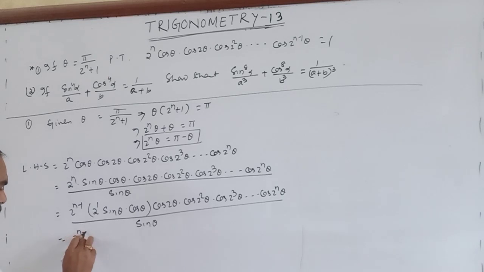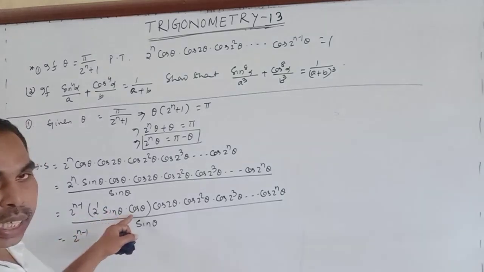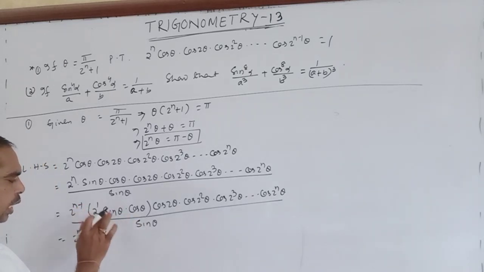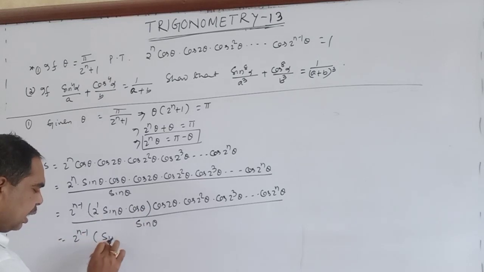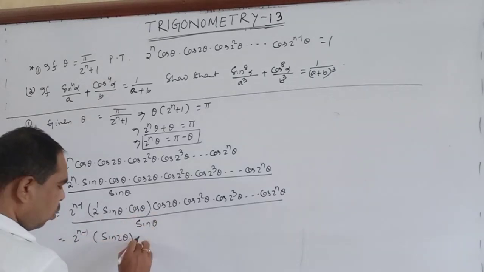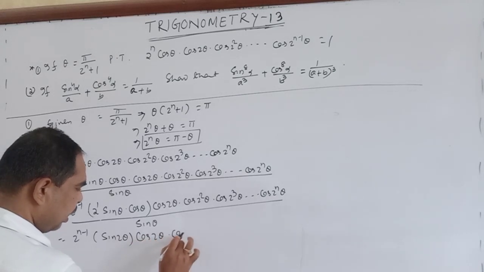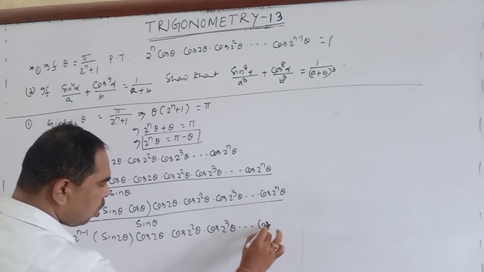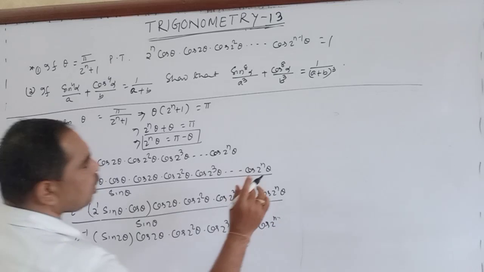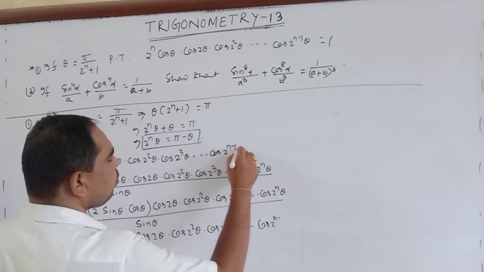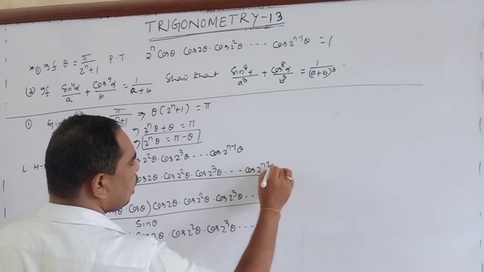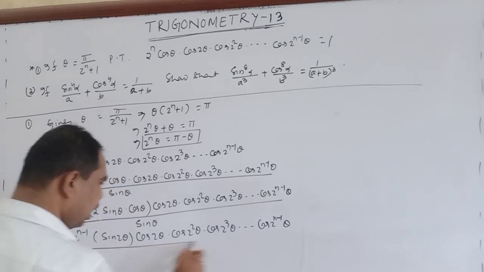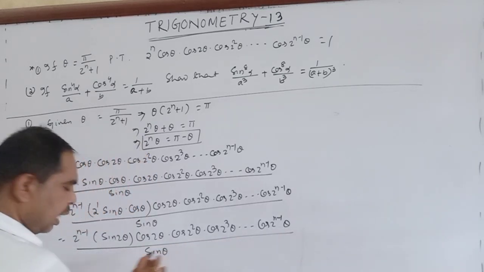Since 2 sin a into cos a is equal to sin 2a, put here sin 2 theta into cos 2 theta into cos 2 square theta and so on.